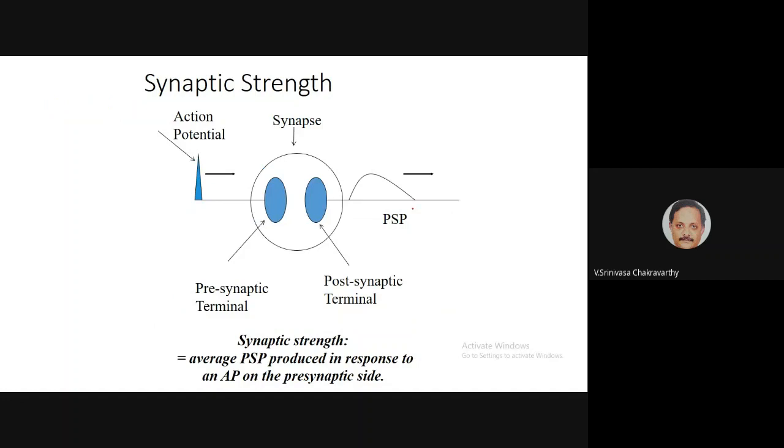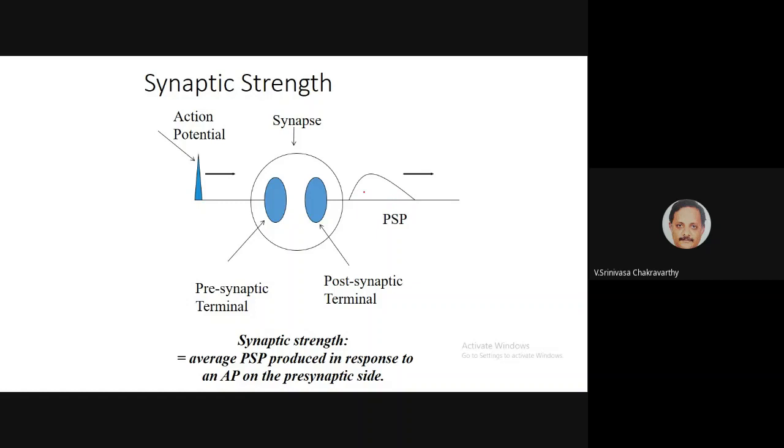Now, one more concept which we need to know when we talk about neurotransmission is this concept of synaptic strength. That means when the action potential arrives at the presynaptic terminal, we said there is a PSP produced on the postsynaptic side, either IPSP or EPSP. Now, unlike the action potential, which has a standard shape and size, the PSP is not like that. It is more graded.